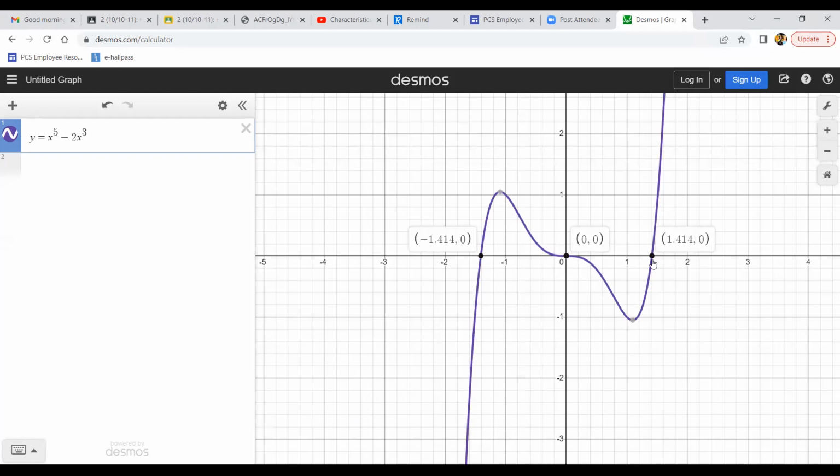Okay, so I'm going to label each of these numbers just like I did the previous graph. 1.414, 0, negative 1.414.